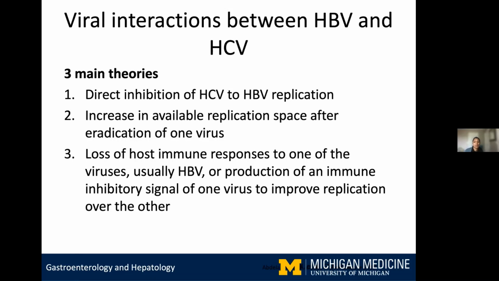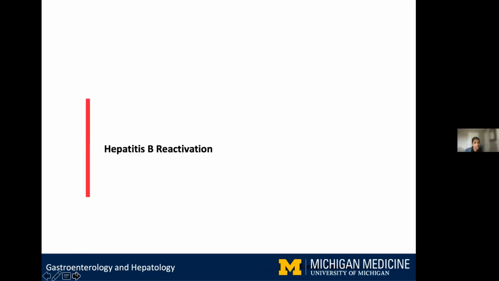The Hep B then ramps up in terms of viral load and can cause a flare or reactivation. Finally, the third theory is that there's a loss of host immune response to one of these viruses, usually Hep B, or production of an immune inhibitory signal. This can improve replication of one over the other. So you might have one virus dominate in a patient infected with both, meaning it has a higher viral load. And the goal would be to think about treating all of these patients.